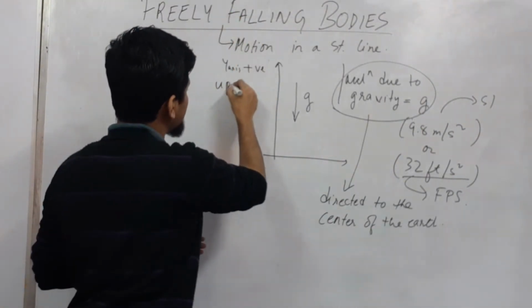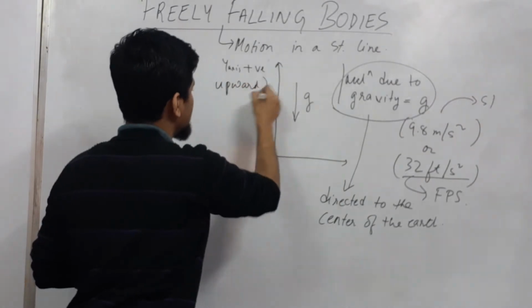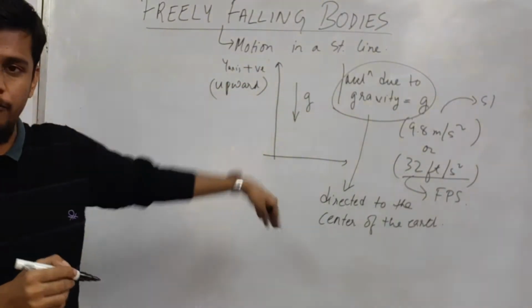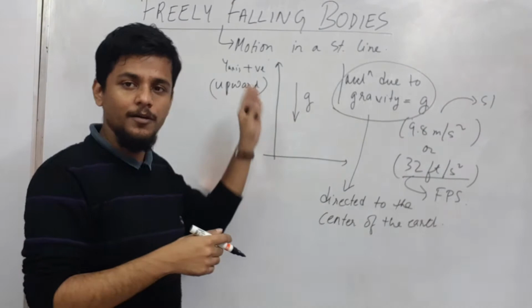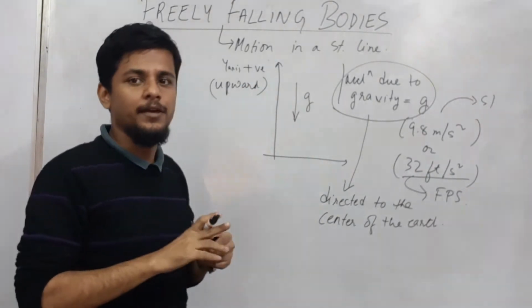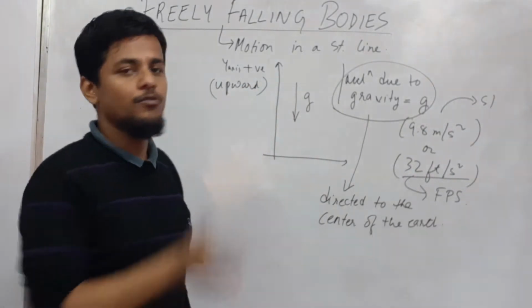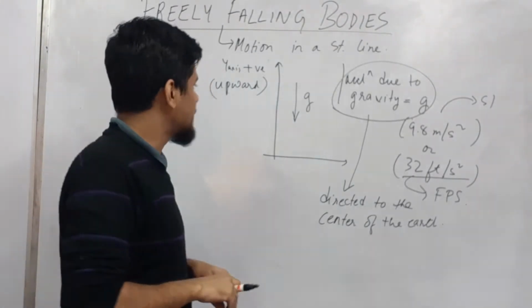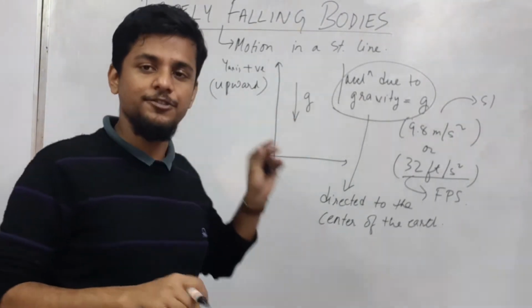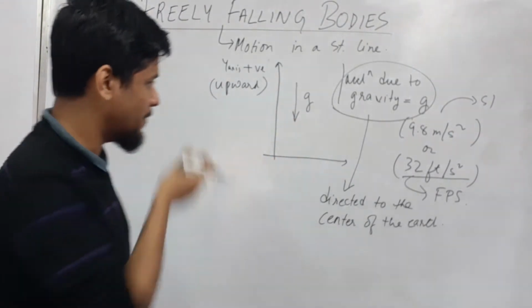By y-axis being positive, we mean the upward direction, and the g is in the downward direction. Suppose we are throwing a stone from the ground upwards, then its motion is in the opposite direction to the acceleration due to gravity. This is the thing that you need to remember.